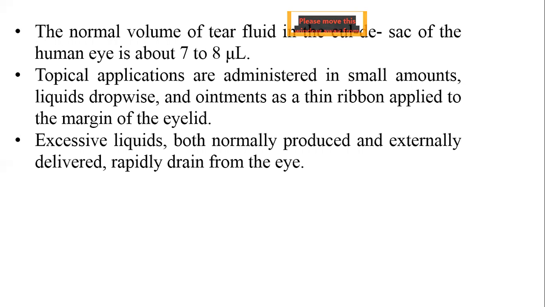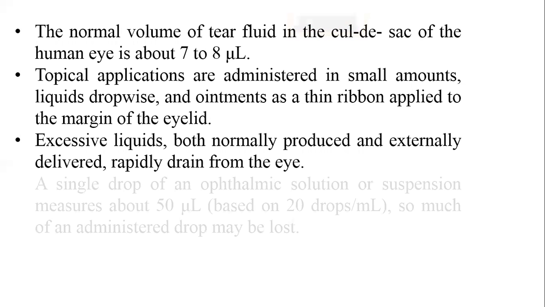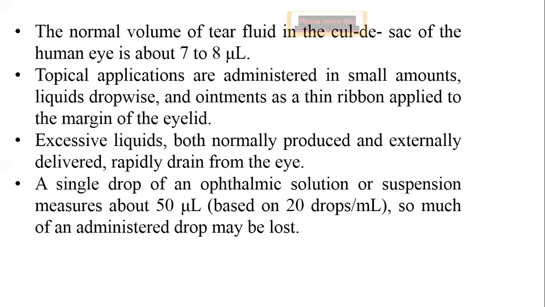Excessive liquids, both normally produced and externally delivered, rapidly drain from the eye. A single drop of an ophthalmic solution or suspension measures about 50 microliters. Based on that, each milliliter contains about 20 drops. So much of an administered drop may be lost.